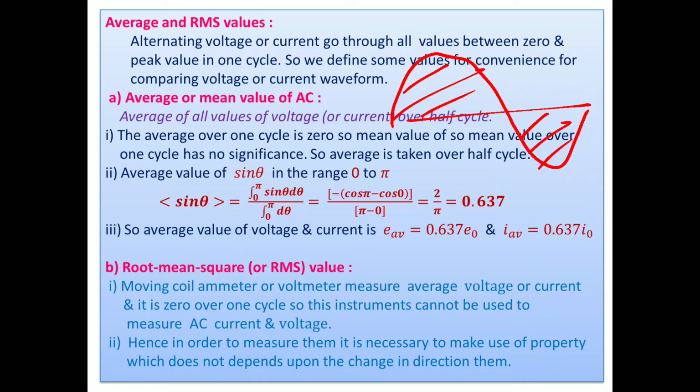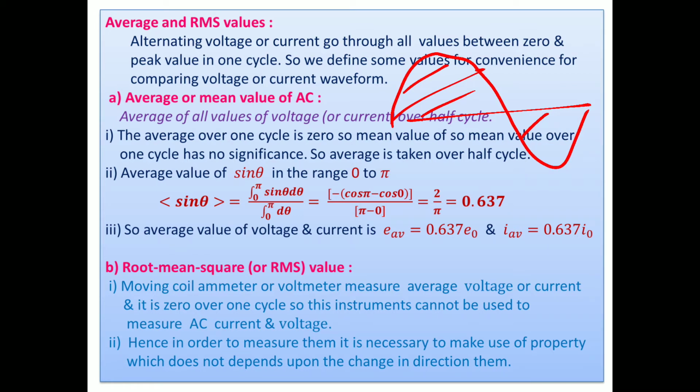For a half cycle, phase changes from 0 to pi, or pi to 2 pi. The average over one cycle is 0, so the mean value over one cycle has no significance. So, average is taken over a half cycle.